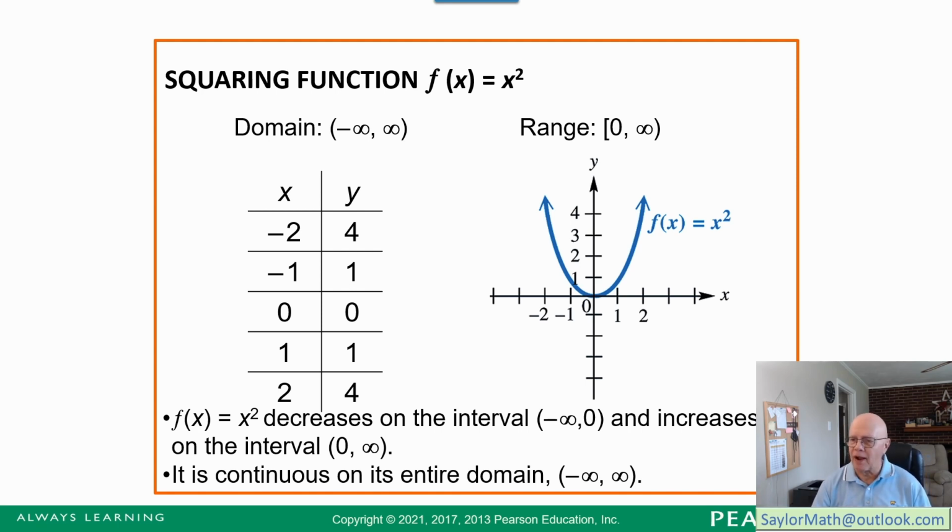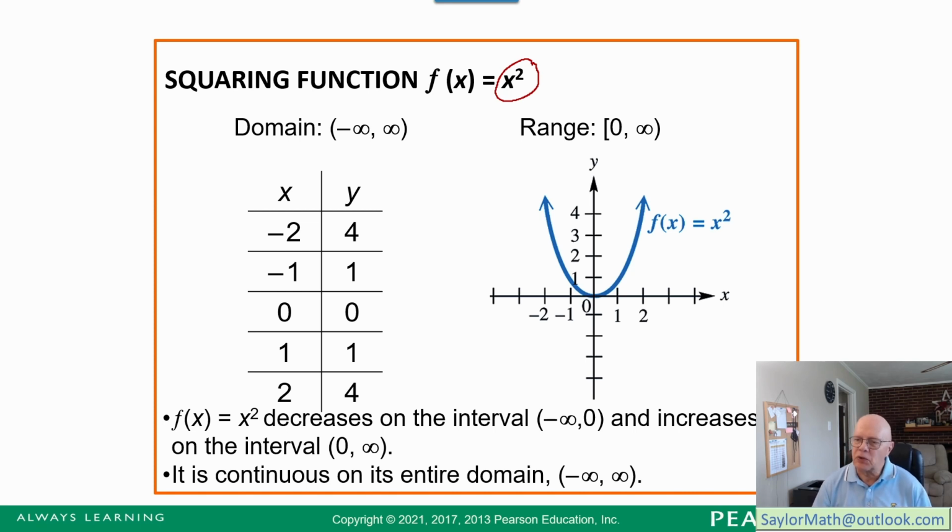If you're actually graphing this, my suggestion would be, first of all, notice this isn't a linear function. So you're going to need a number of points, probably 5, 6, 7 points, until you can see where the curve goes.